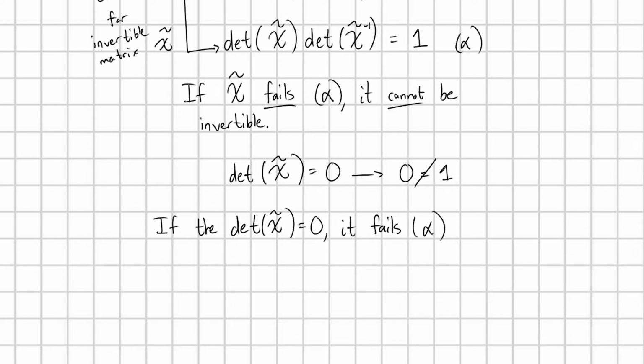If the determinant of chi equals 0, then it fails condition alpha, and chi is not invertible. Okay? So I hope we feel really good about this condition. So any matrix with a determinant of 0 does not have an inverse. It's not invertible.